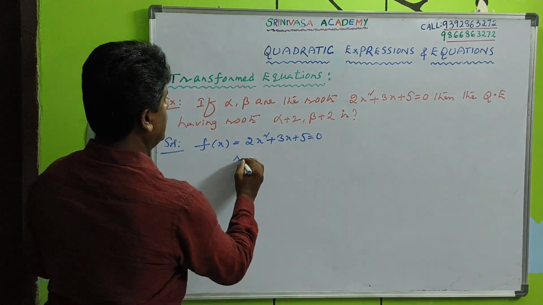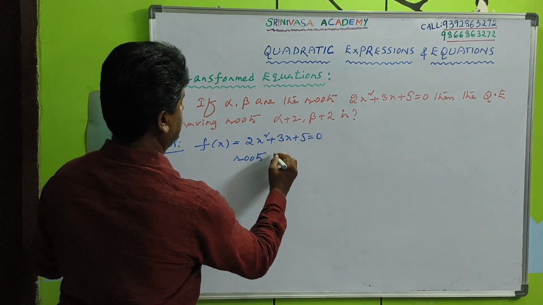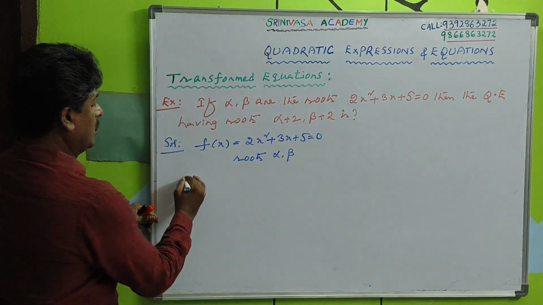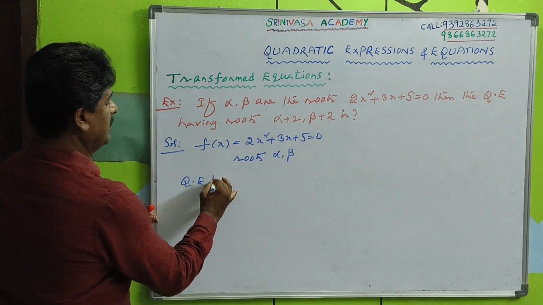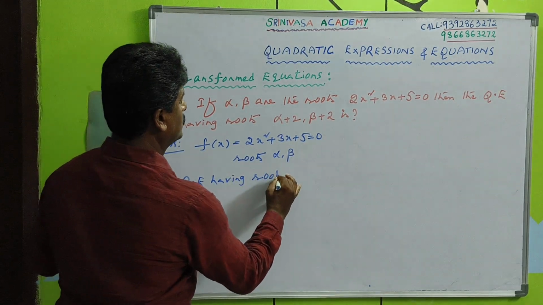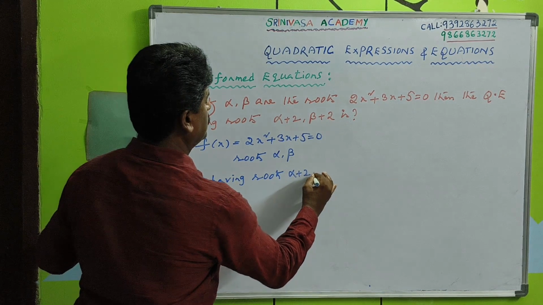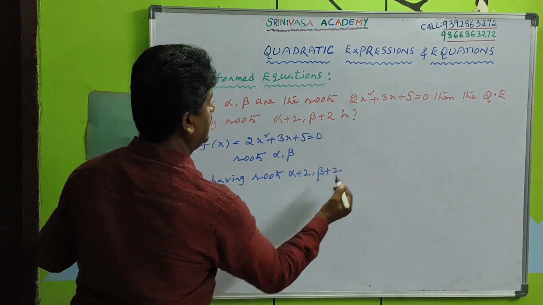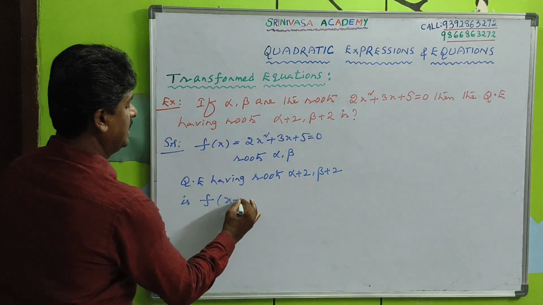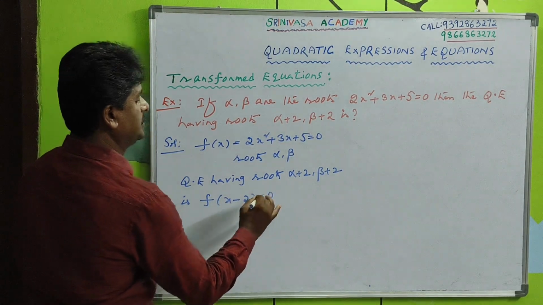Its roots are alpha comma beta. Okay. Now quadratic equation having roots alpha plus 2 comma beta plus 2 is f of x minus 2 is equals to 0.